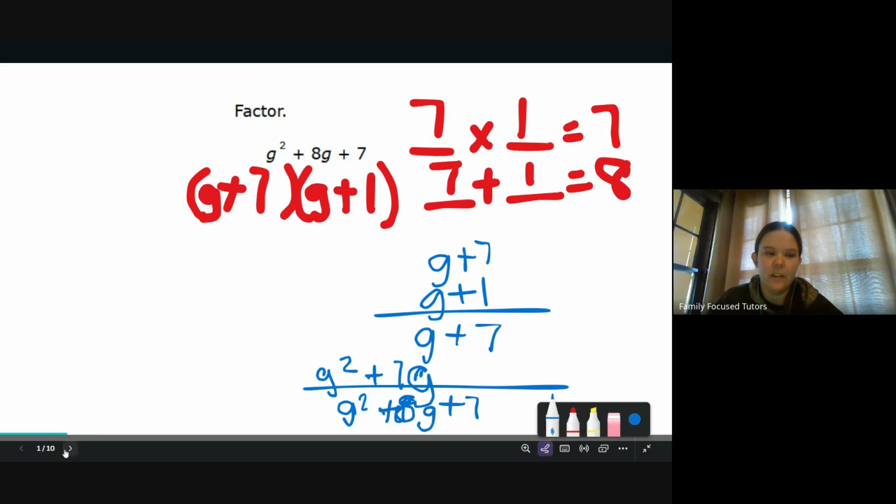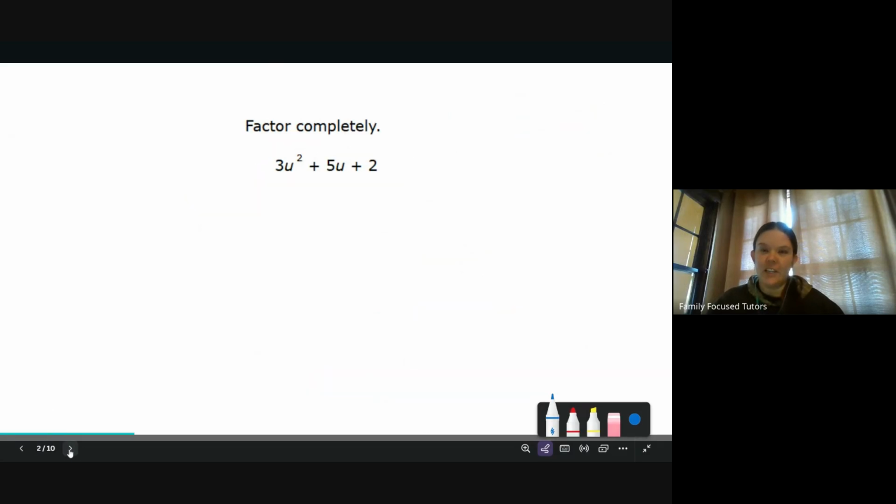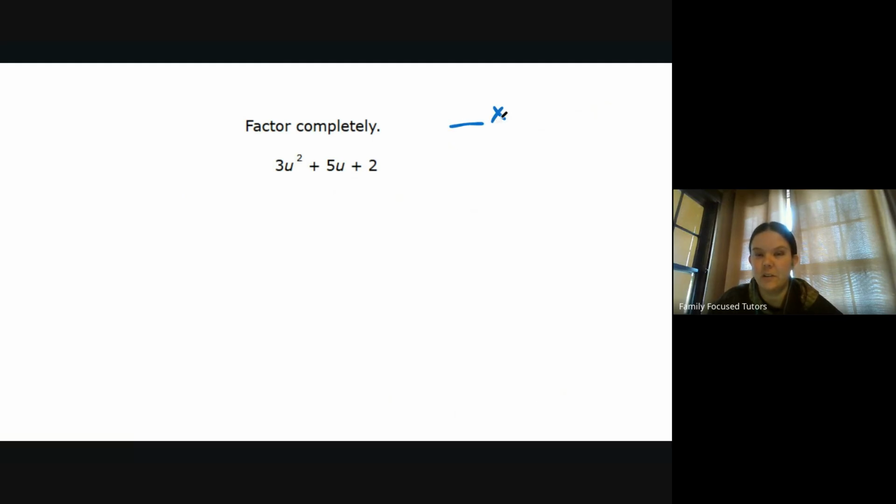Okay. So let's go on. This one has a coefficient in front of the first term. So we need to figure out the factors for this one. We need 2 factors that equal AC, where A is 3 and C is 2, so A times C would be 6.